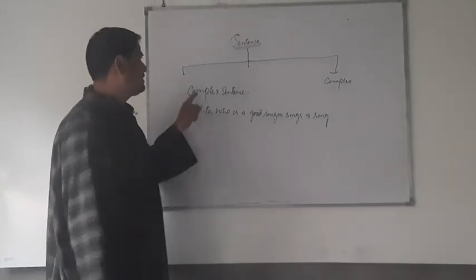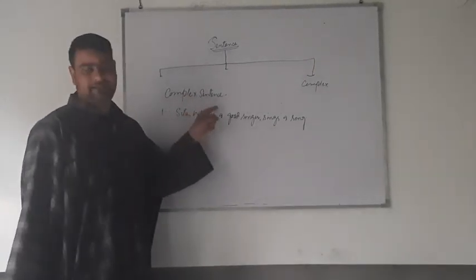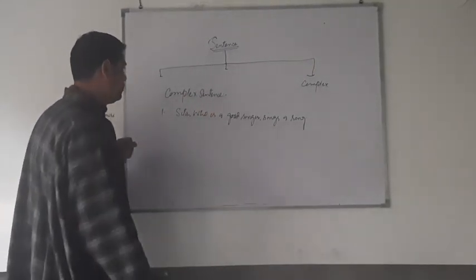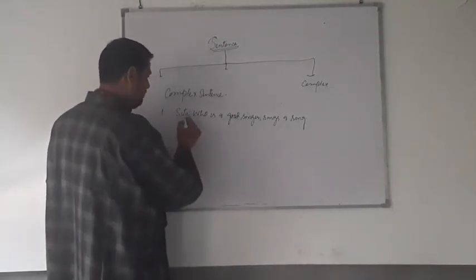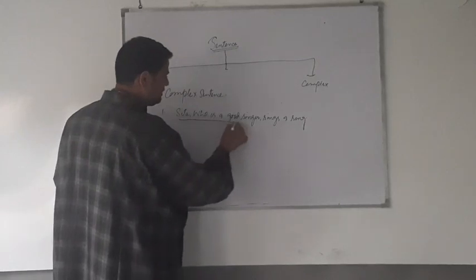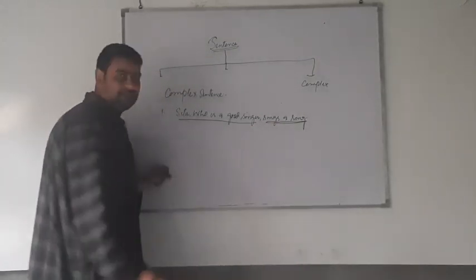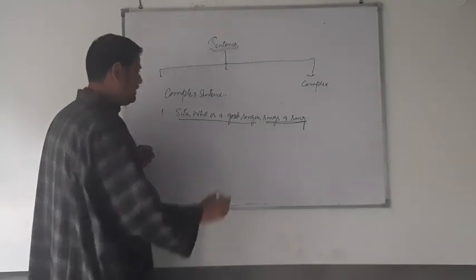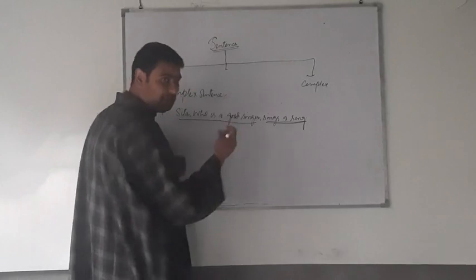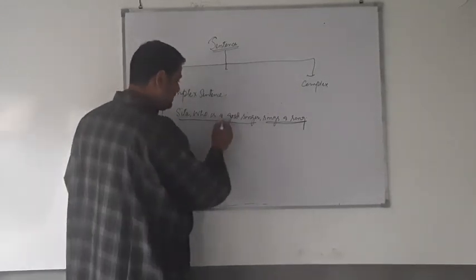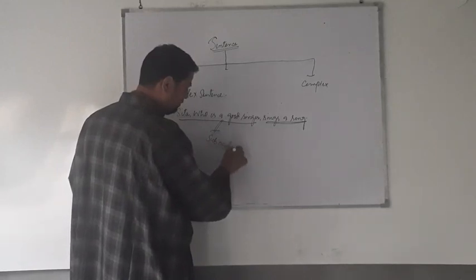Now we will discuss the last kind, that is complex sentences. What is a complex sentence? Look, here is an example. Sita, who is a good singer, sings a song. There are two clauses in this whole sentence. Here we can see, Sita, who is a good singer, is a subordinate clause because it does not give complete meaning.